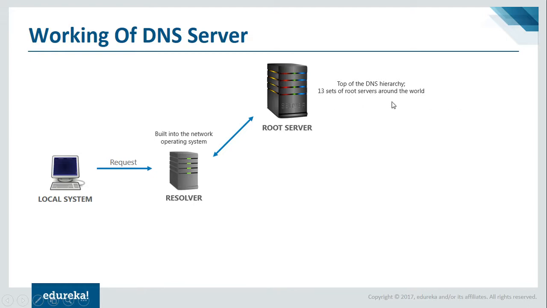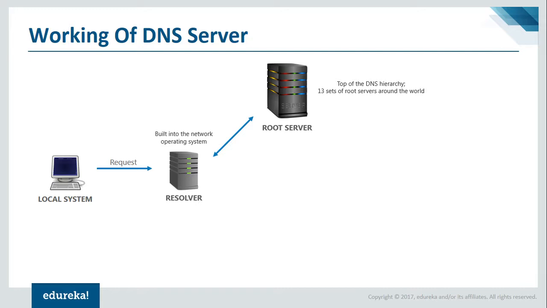Whatever domains are there in the entire world can be identified by the root server. It's not going to point out exactly the location of the IP address or the machine you are trying to access. It would not exactly give you the IP address, but it would point you in that direction. It would shortlist and tell you where to look.